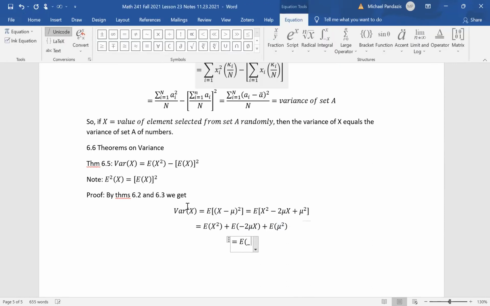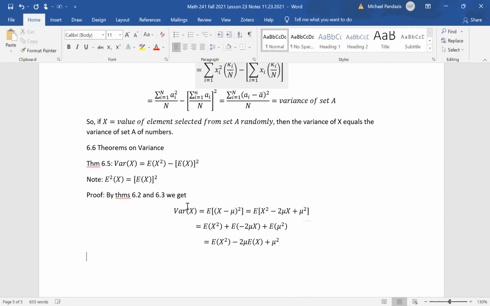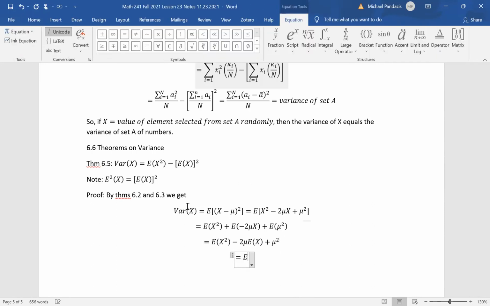Okay, and so this is equal to E of X squared minus 2 mu E of X plus mu squared, because mu is a constant, so the expected value of a constant is that constant. And so this is equal to E of X squared minus, well, E of X is mu, so this is 2 times mu squared plus mu squared.